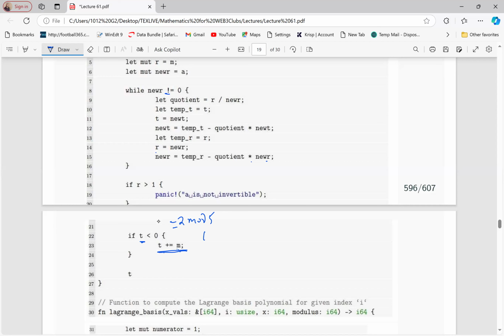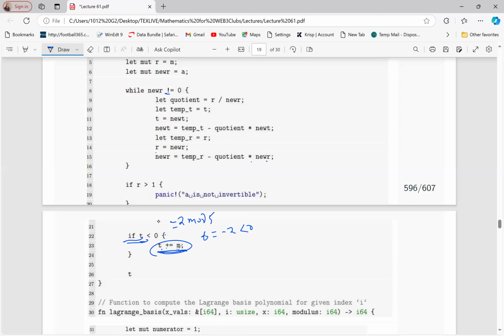So supposing you had found t to be -2. -2 is less than 0. So if t is less than 0, then t now becomes the t obtained plus m.